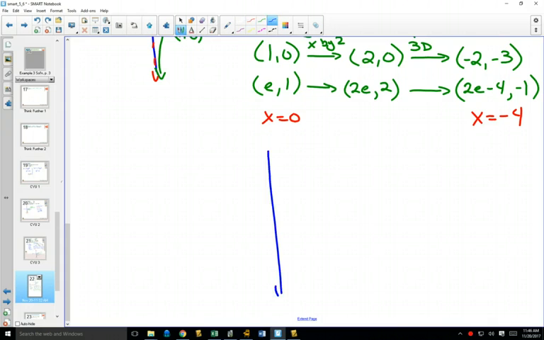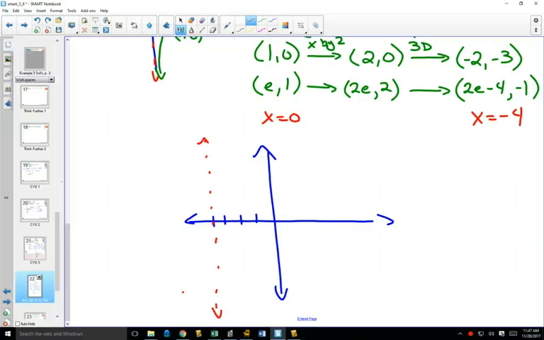We can now take this information, put it on our graph, starting with our asymptote. There it is at x equals -4. Starting with the easy point, -2, -3.